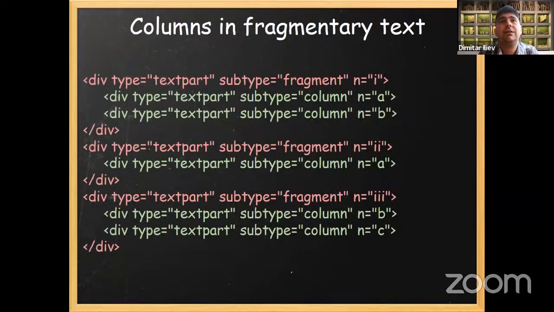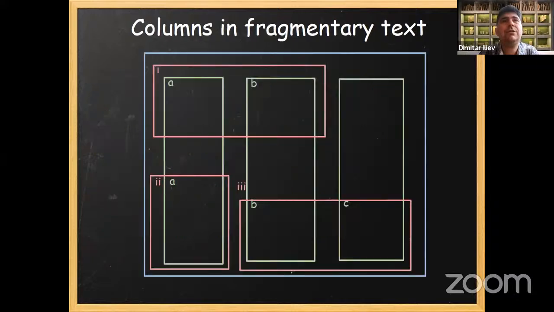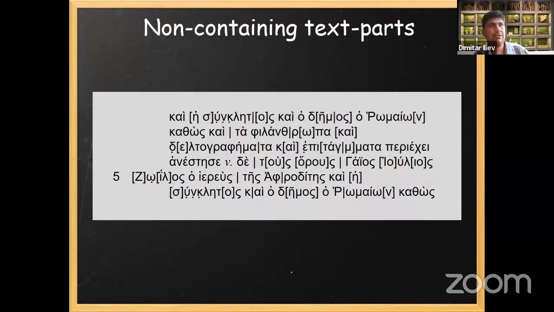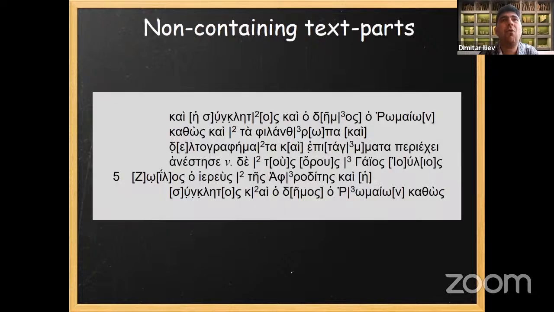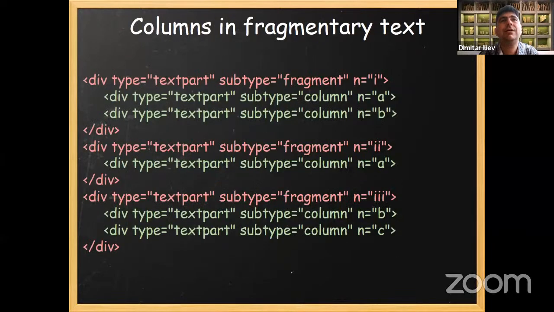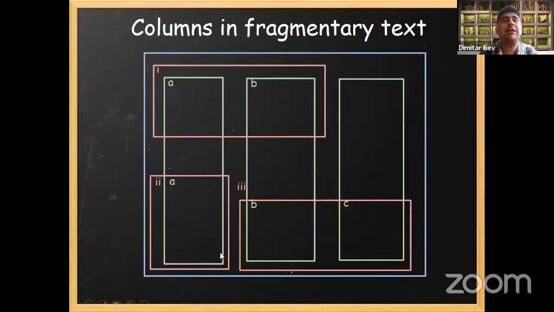But I hope I have given you at least the idea that no matter how fragmented a text is and what divisions and subdivisions you need to do within it, there's always a way to formalize this, provided that you're consistent and that you make sure that all of your divisions and their respective subdivisions are nested in each other, even if they span across different sections of the text.